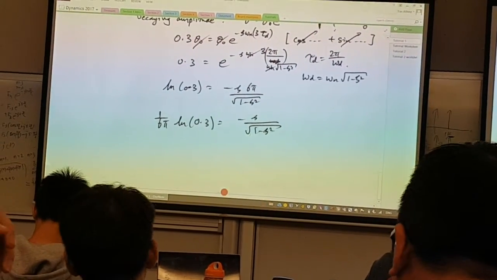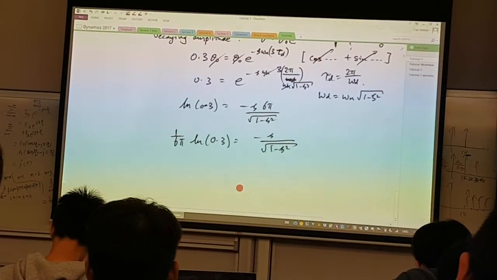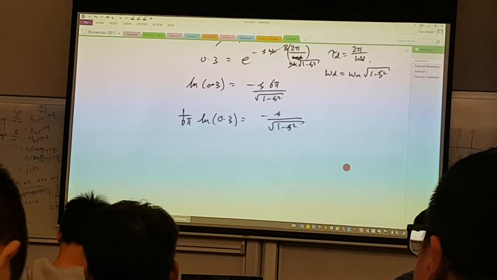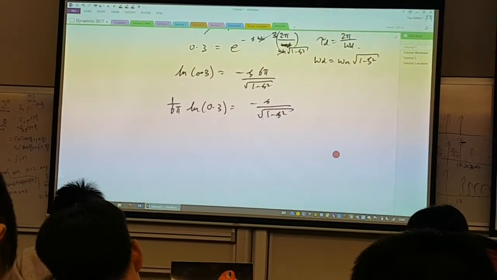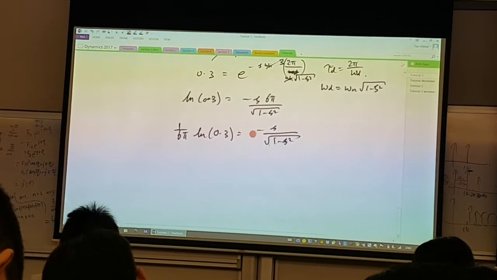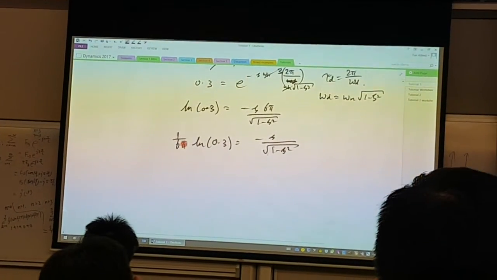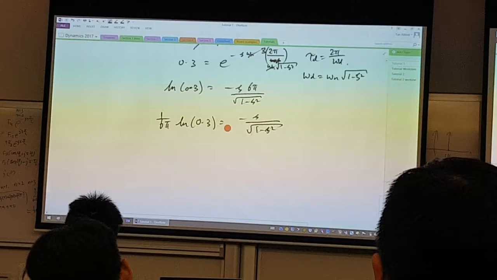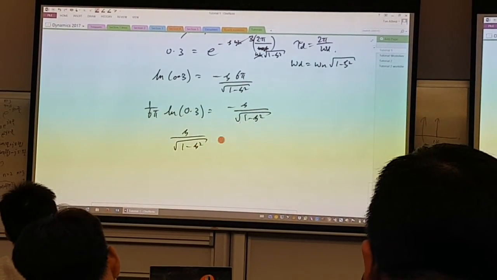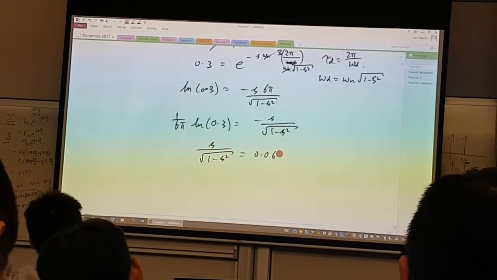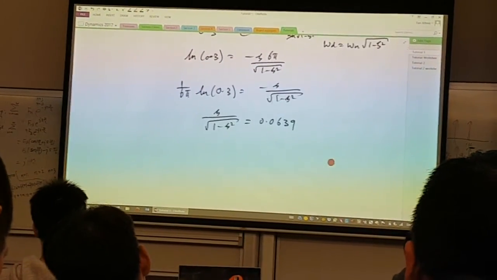And then they give me a lot of working, and then it's all incorrect. So how to do this? If you work this out, and then multiply by -1 on two sides, you get zeta over square root 1 minus zeta squared equals 0.0639. Yep, you work it out.